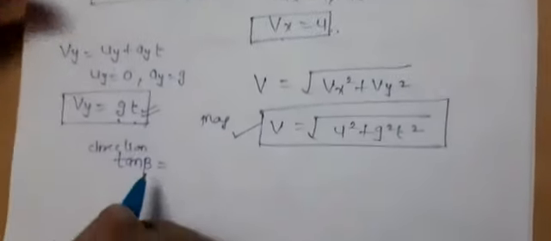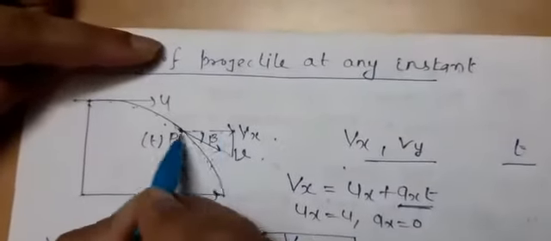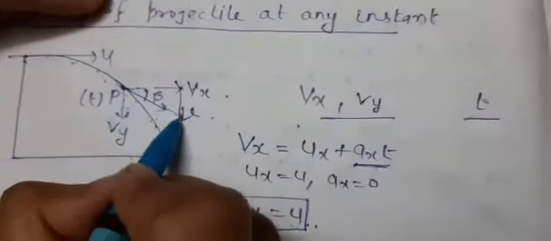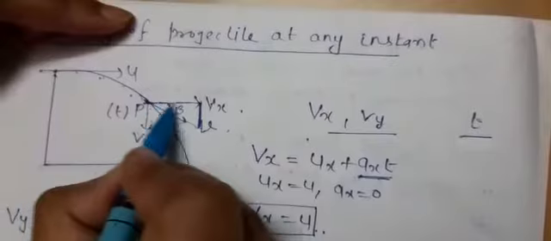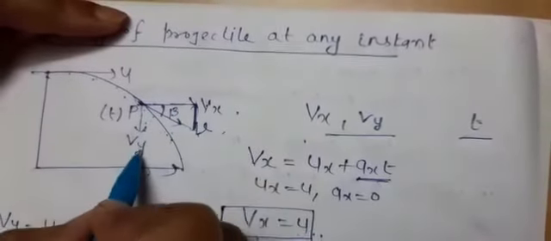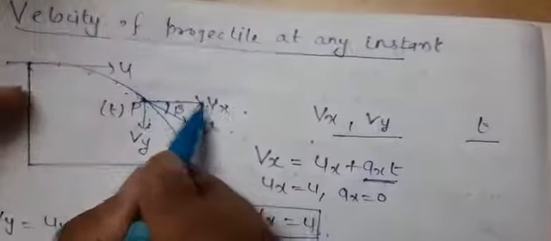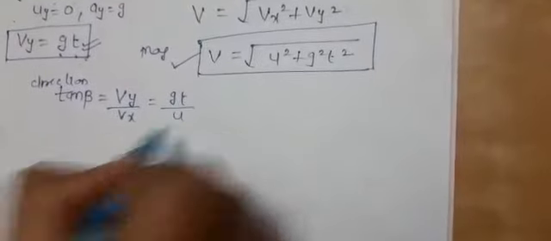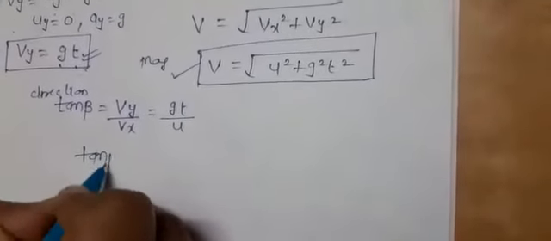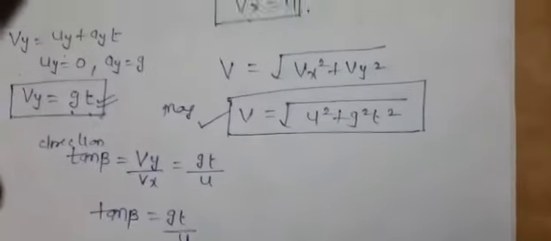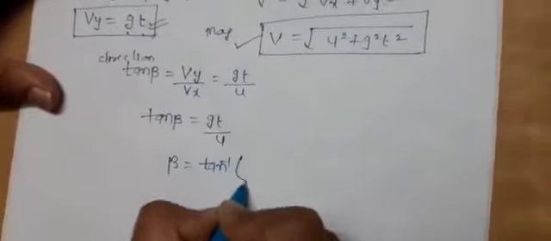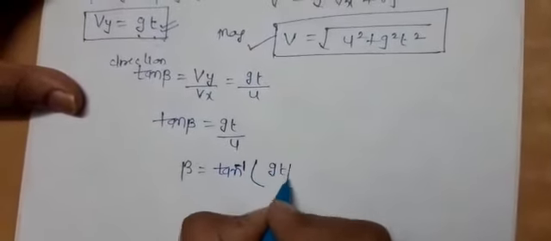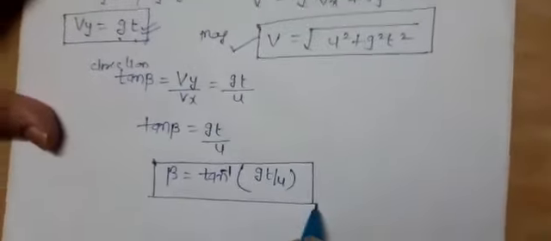For its direction, tangent beta, you can see in this triangle, will be the perpendicular component upon the horizontal component. The perpendicular component is Vy and the horizontal is Vx, so it will be Vy upon Vx, that is gt upon u. You can leave the result at this point, or if you want to find the value of this angle, it will be in terms of the inverse function. You can write it in this form.